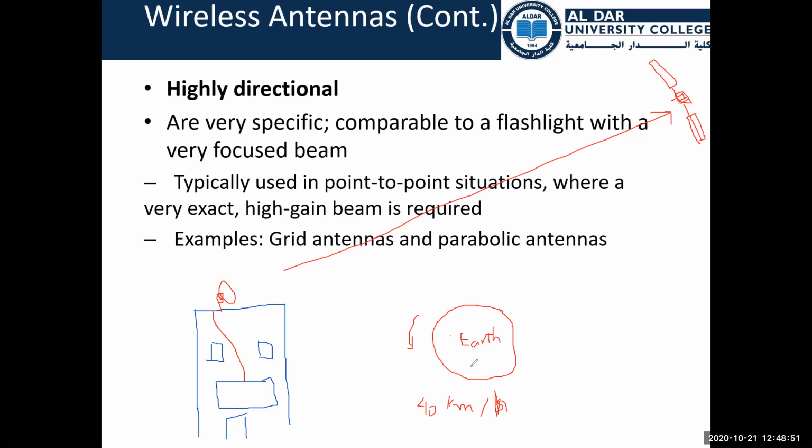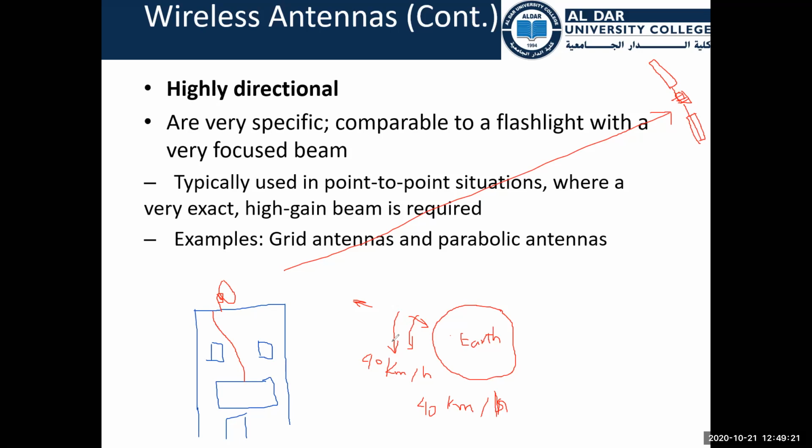Now I put the satellite on an orbit, not far away, not too near, something that makes it revolve at the same speed, which is 40 kilometers per hour. So you know about Newton's laws, relative speed.